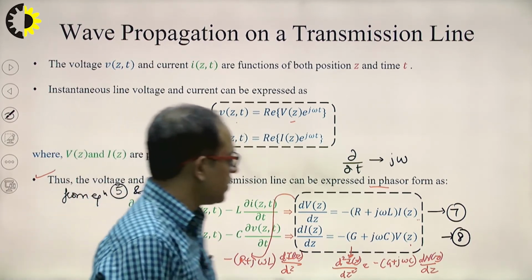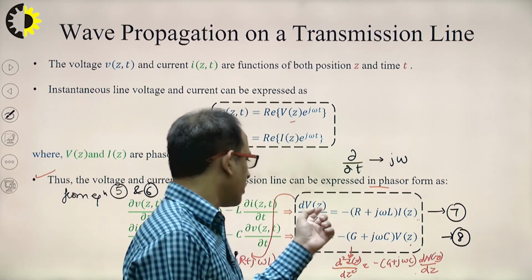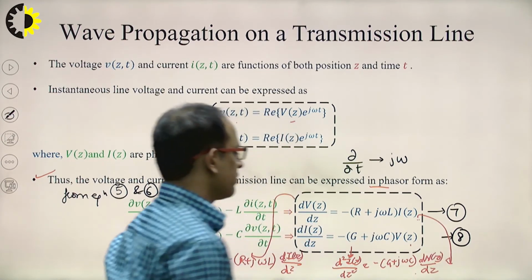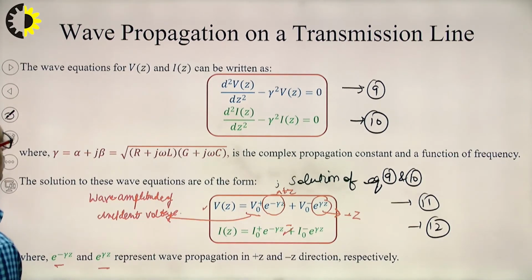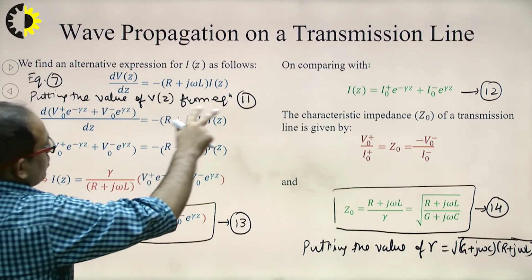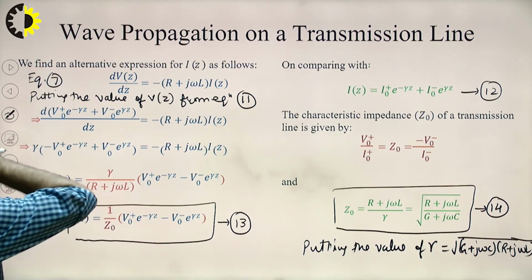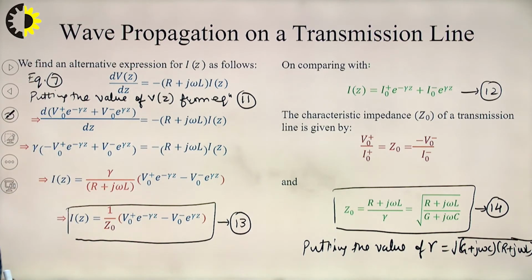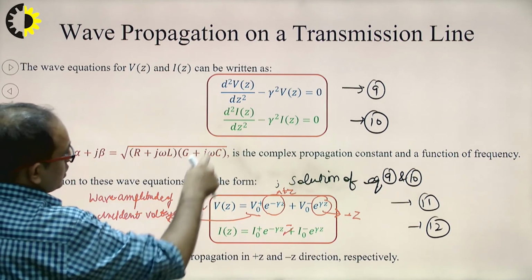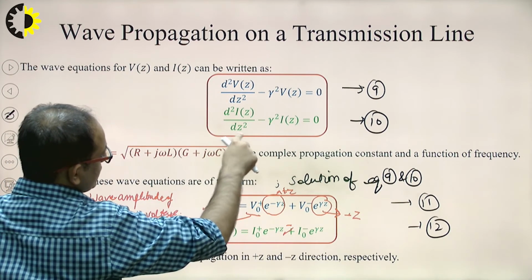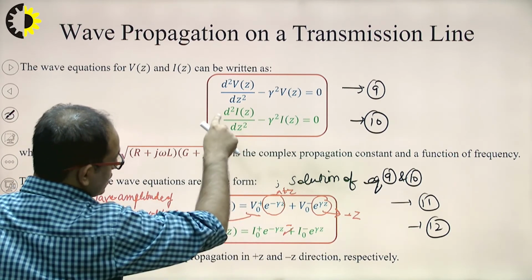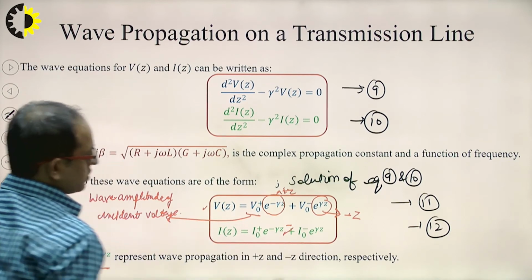Now put the value of dV(z)/dz from equation number 7, and the value of V(z) from equation number 11. You will get another differential equation, that is d2I(z)/dz2 equal to gamma square I(z), and the solution of this differential equation will be equal to this one.